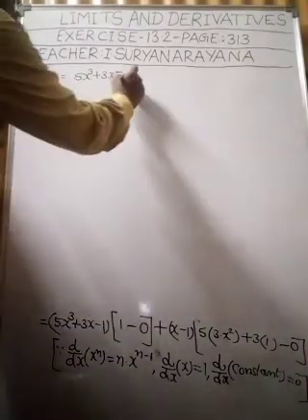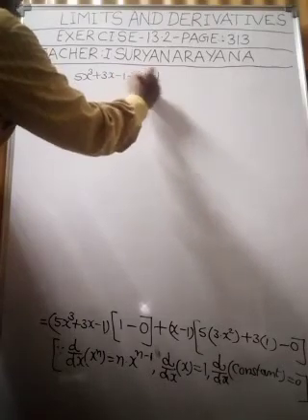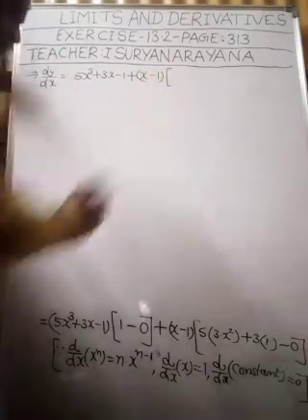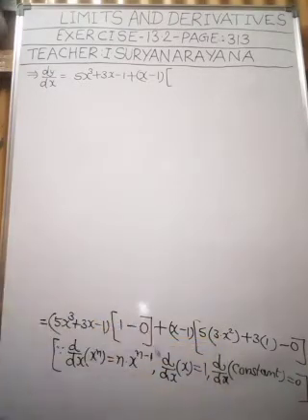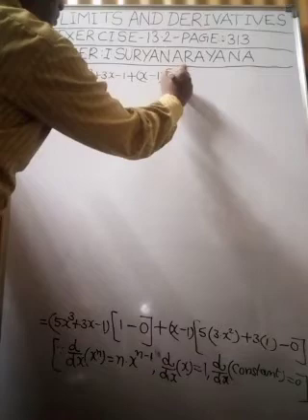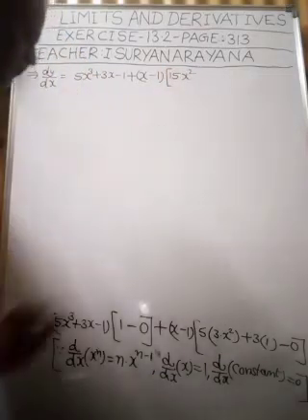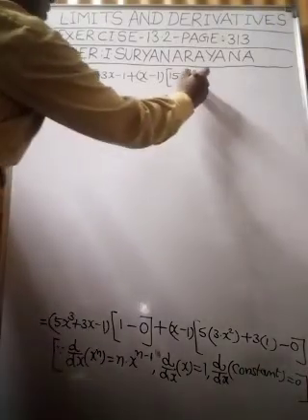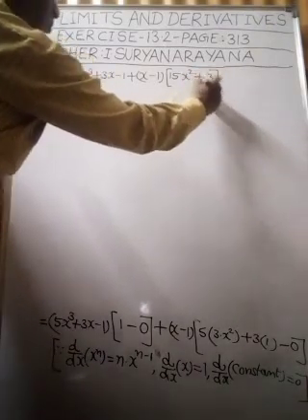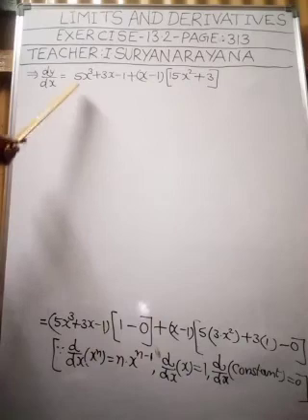Plus x minus 1 into, in this brackets what you get? 5 3s are 15. 15x square. Okay, my children. Plus 3 into 1, plus 3. Okay, my children, understood this step?